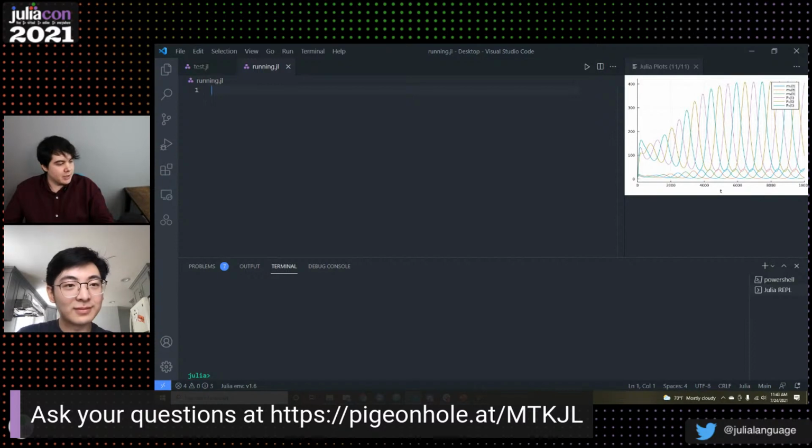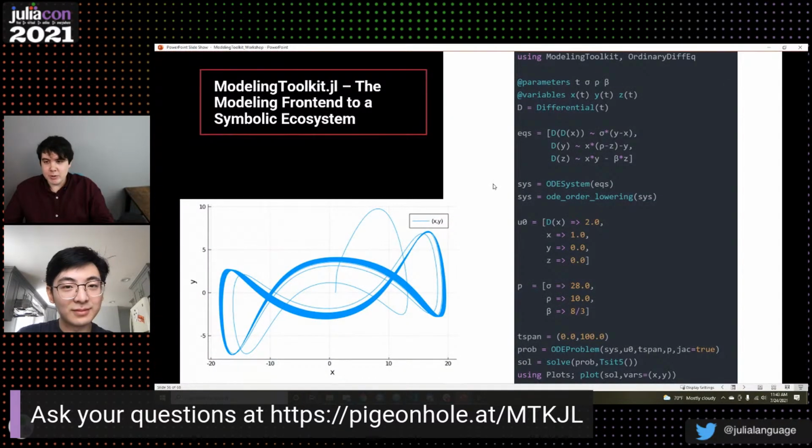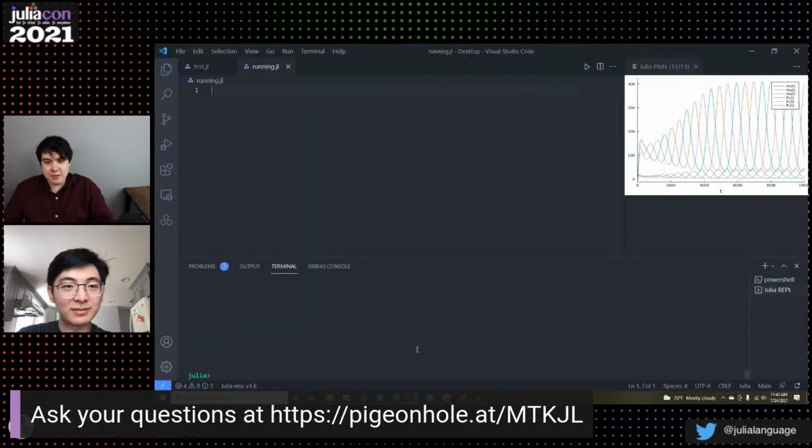Let's take this example from here, where we want to do the second derivative of the first equation, and first derivative of here and here. So what I'm going to do is it's going to look a lot like Symbolics.jl, because half of it is Symbolics.jl, right? I'm going to say using ModelingToolkit and DifferentialEquations, right? Then I'm going to say, well, the parameters of my model are t, sigma, rho, and beta.